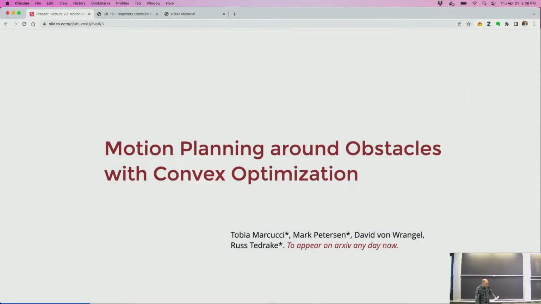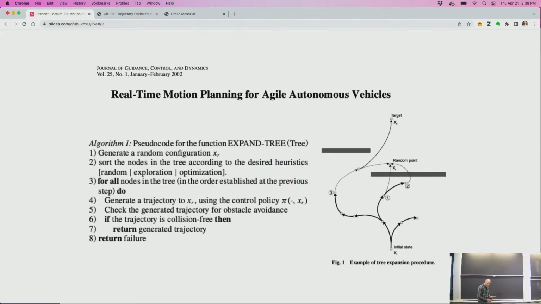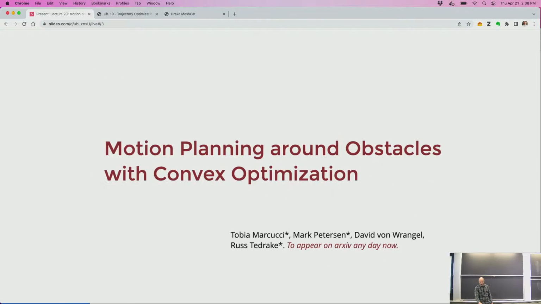Okay, so there's a line of work that we're working on right now, and my goal for today is to tell you a few pieces of this story: how we can actually solve that trajectory optimization, the quadrotor flying around dense forests, with convex optimization now, which sounds too good to be true.